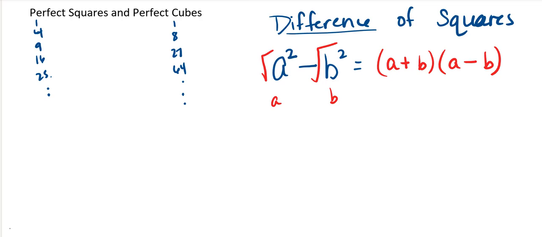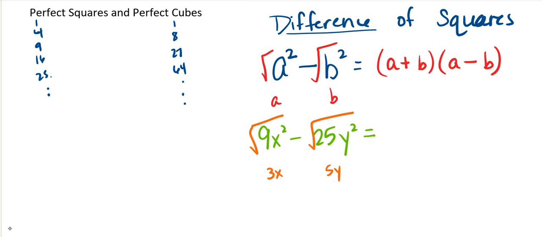So an example of this that'll show you a little more than just A and B, let's see. If we had 9x squared minus 25y squared, we would square root here and get 3x, square root here and get 5y. Those are now our A and B. So we're going to do 3x plus 5y and 3x minus 5y.